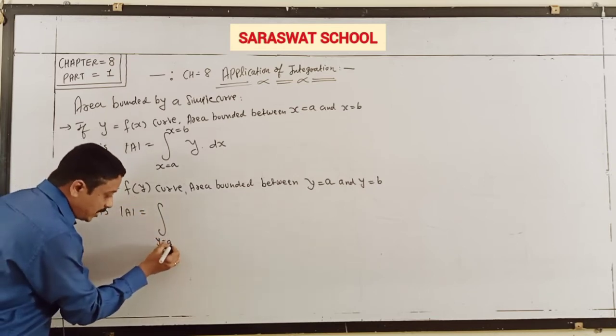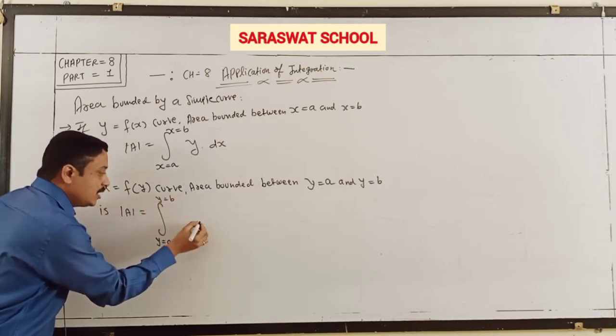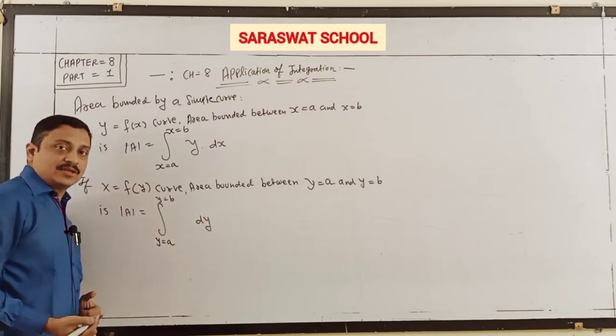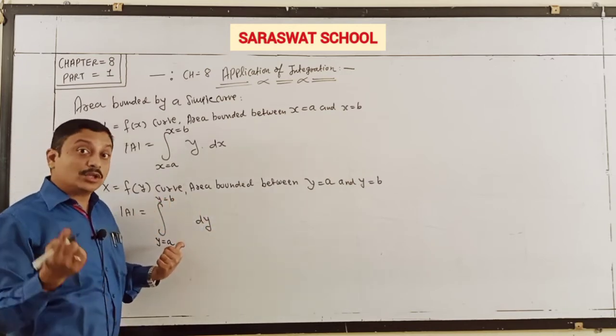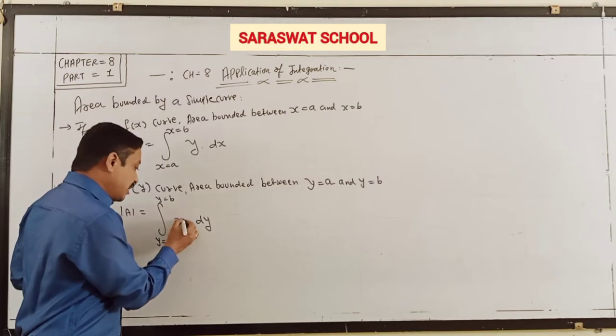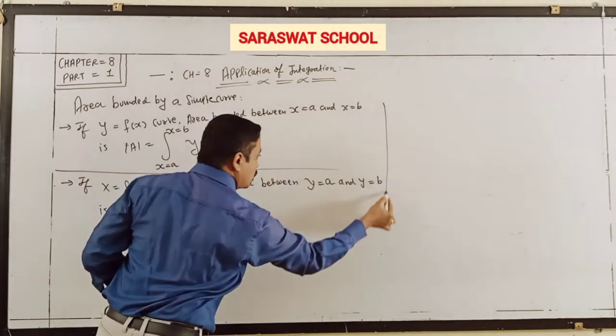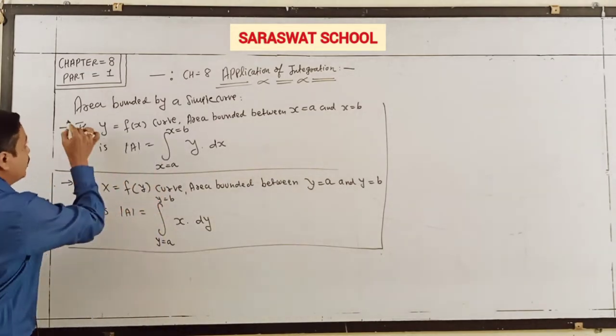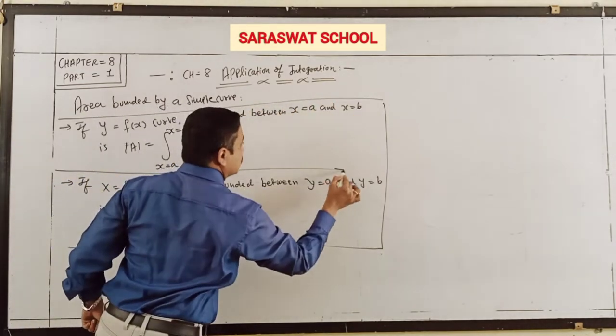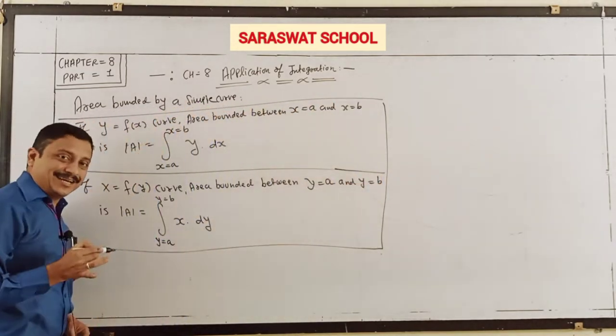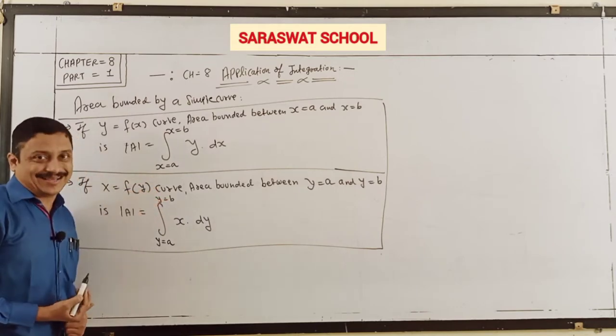So y is equal to a, y is equal to b, here dy. This graph is related to the y-axis, and here x. So students, here are two topics only and very short. Area bounded by the curve is x-axis related, and this is y-axis related.